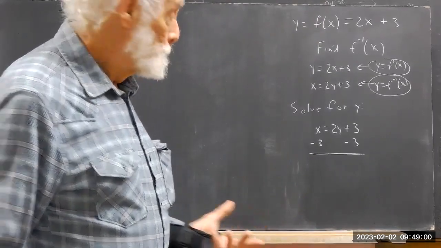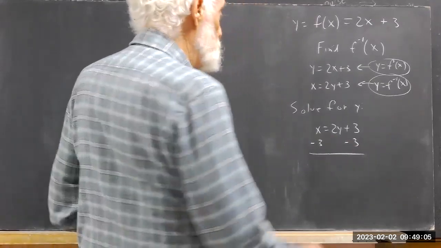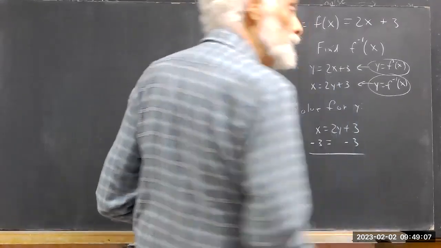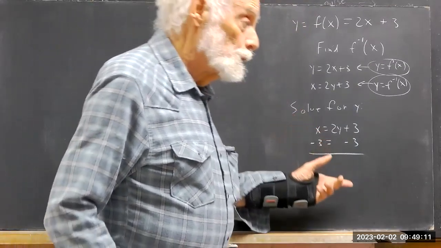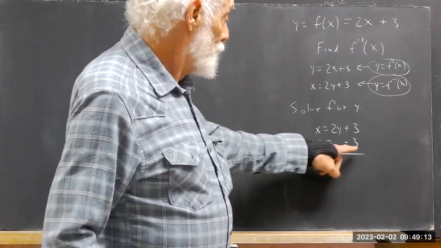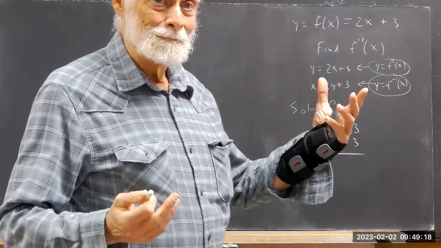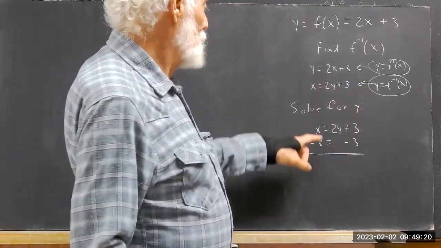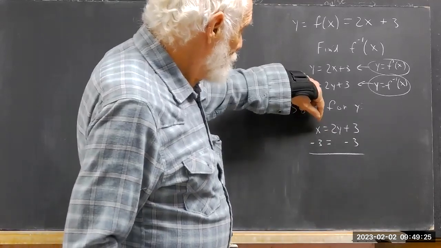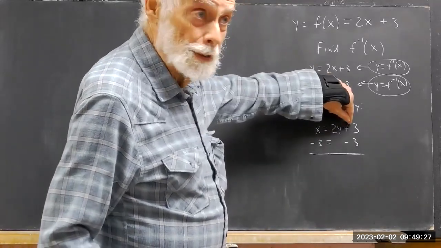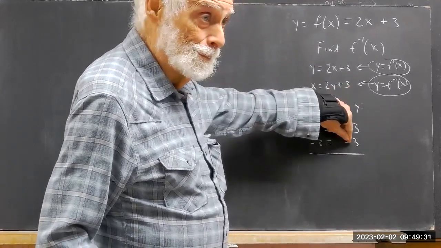Now, I don't like that exactly. But if we put an equal sign here, then I like it just fine. Because what you're doing is -3 equals -3, a true equation? Yeah, it's true. And we assume this is a true equation. Now, if you've got a true equation, that means this equals this.